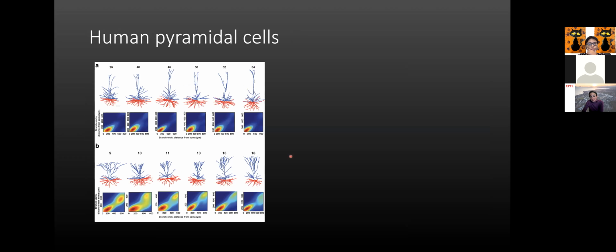Another interesting application, this was work that the lead researcher on this project, Lida Kanari, did with the team of Idan Segev at Hebrew University, where they were studying pyramidal cells from the human brain.